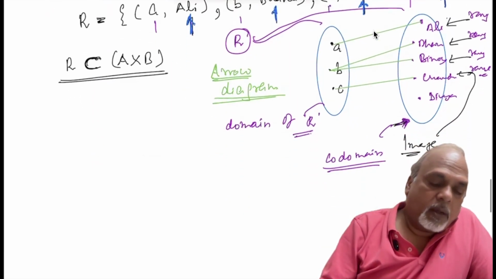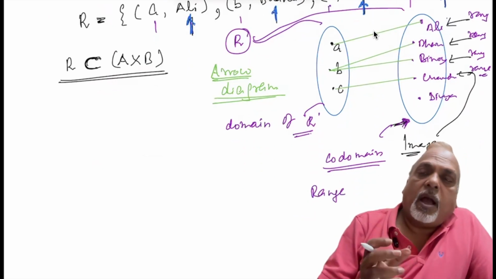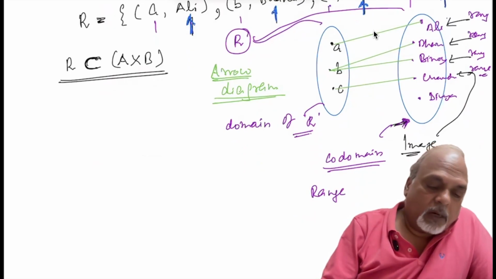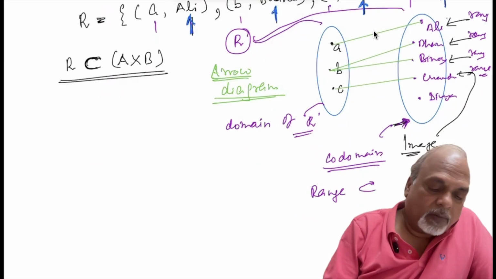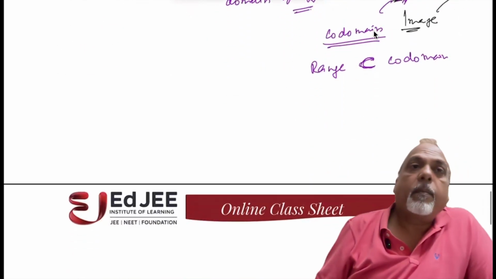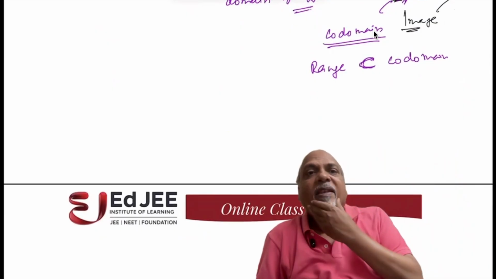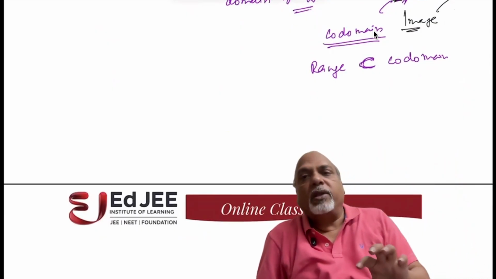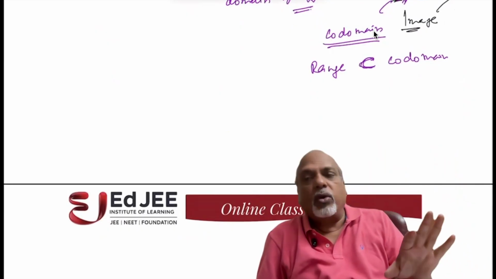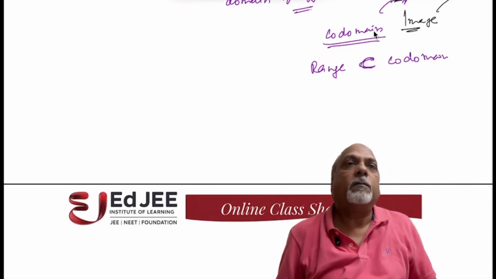The range consists of only those elements which are the images. That means it is a subset of codomain. Subset of codomain. Correct? So what is domain, what is range, what is image, and what is codomain? I think this is all clear to you.